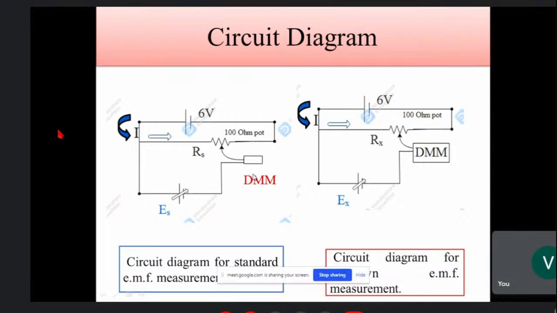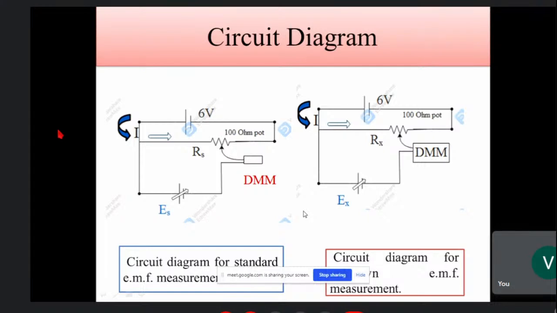Okay, so if that is the null condition, then what it means is this cell, because of higher potential at this point and lower potential at this point, is trying to send the current through this cell in its opposite direction. This cell will try to send current in its natural direction this way, clockwise.